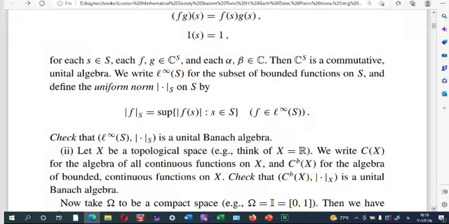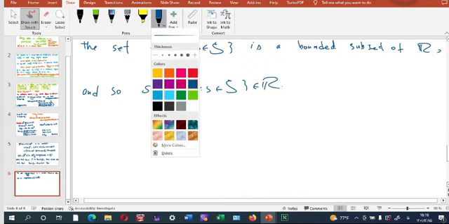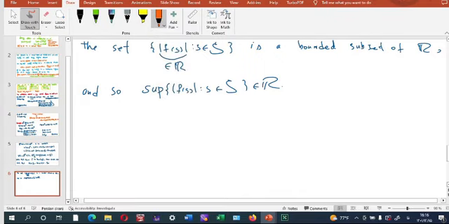The condition of norm is very easy. This from L infinity to R is a norm function.